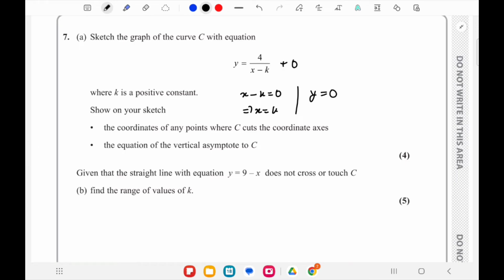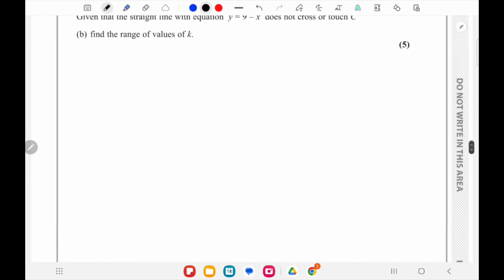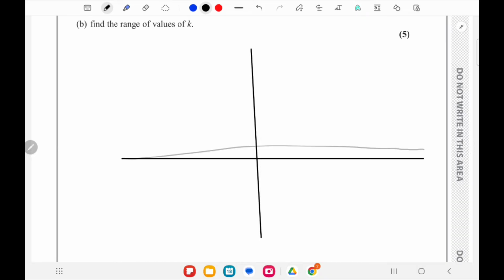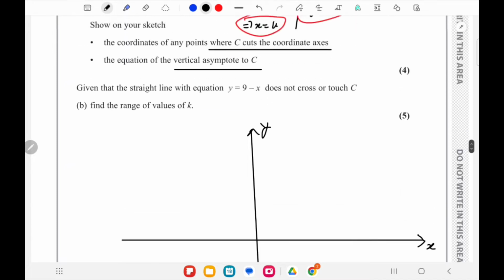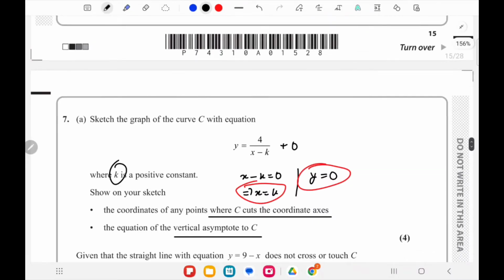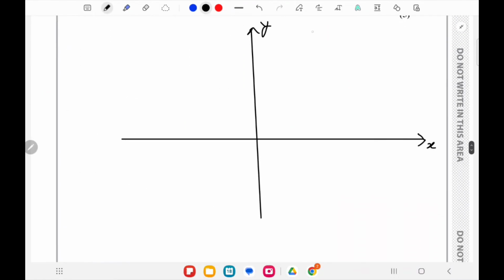We also need to find any point where it cuts the coordinate axis, and the equation of the vertical asymptote. The vertical asymptote is x equals k, and this is the horizontal asymptote. So let's just draw it. This is the x-axis and this is the y-axis. We are given that k is positive, so the asymptote will be somewhere over here.